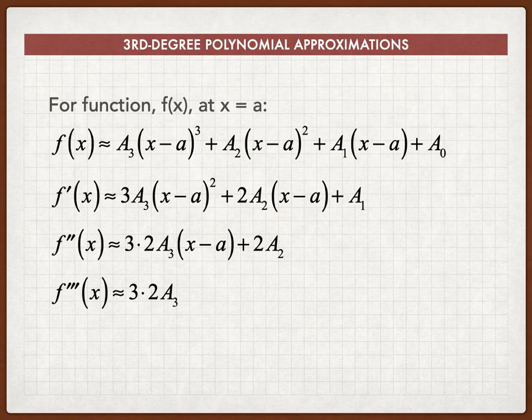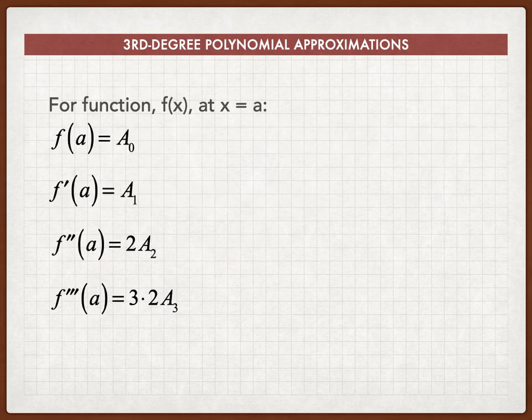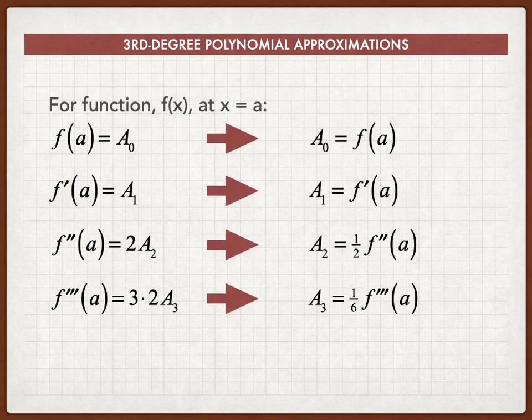Imagine using a third-degree polynomial to approximate f at a. We could match the value of the function and its first, second, and now third derivative at a. At a, all but the last term in each expression is 0. Nice. Setting the polynomial and its derivatives equal to the function and its derivatives at a, we get the coefficients of a third-degree polynomial approximation for f.